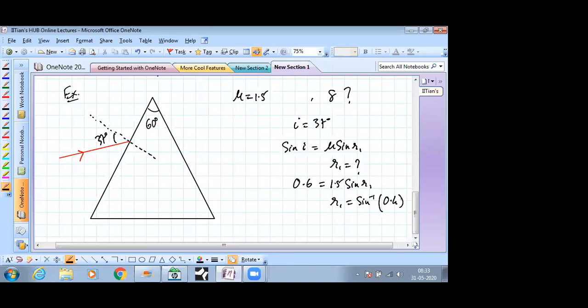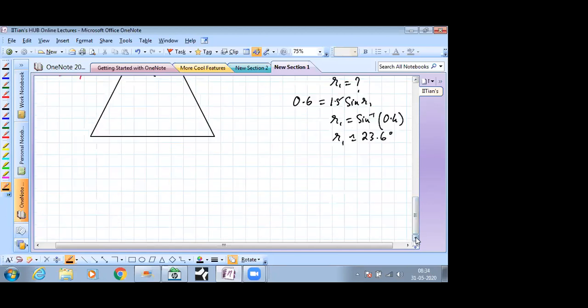I'm just using a scientific calculator here to tell you how much the sin inverse is. Yeah, so this is about 23.6 degrees. r1 will come approximately this.